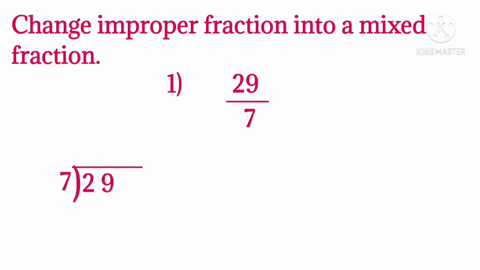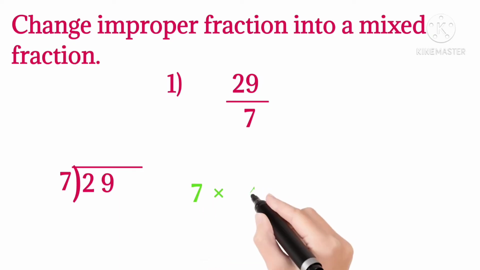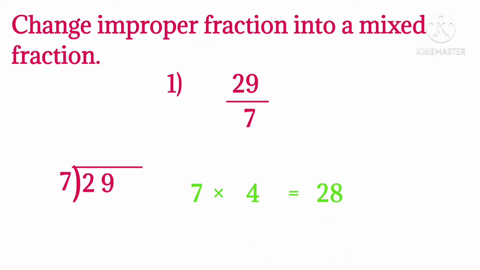First digit of the dividend is 2, that is smaller than the divisor. So, we take 2 digits together, that is 29. How many 7s can we take from 29? 7 fours are 28. Then we can take 4.